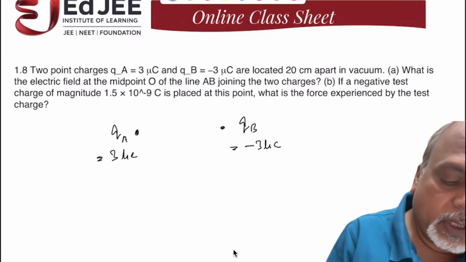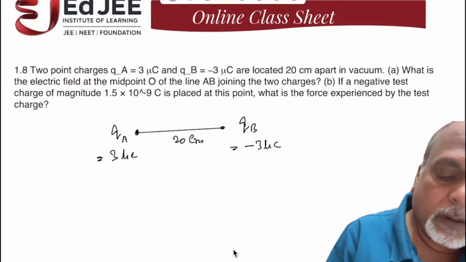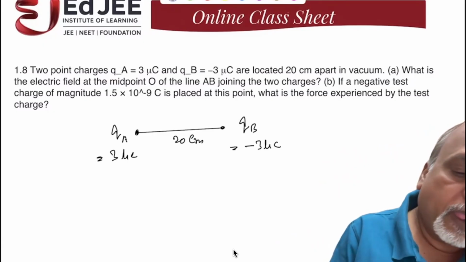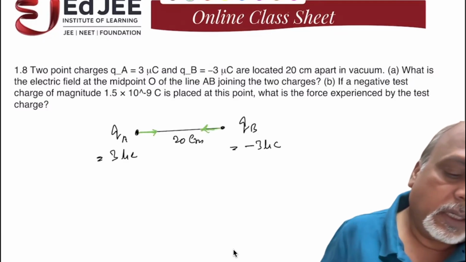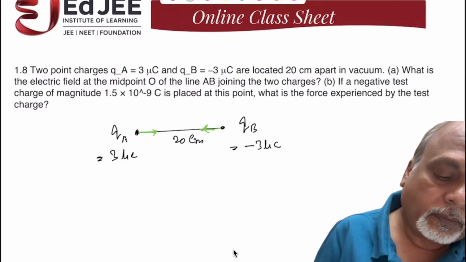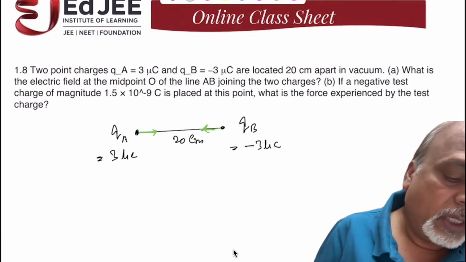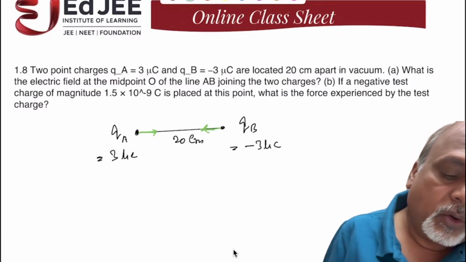The distance between them is 20 centimeter. Since they are opposite in character, they are going to attract each other. Correct. What is the electric field at the midpoint O?